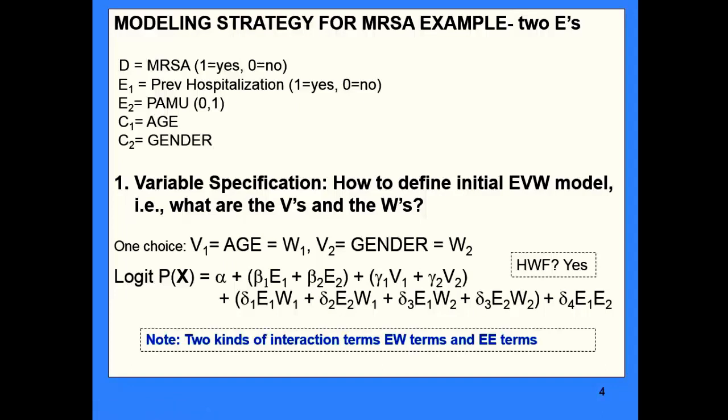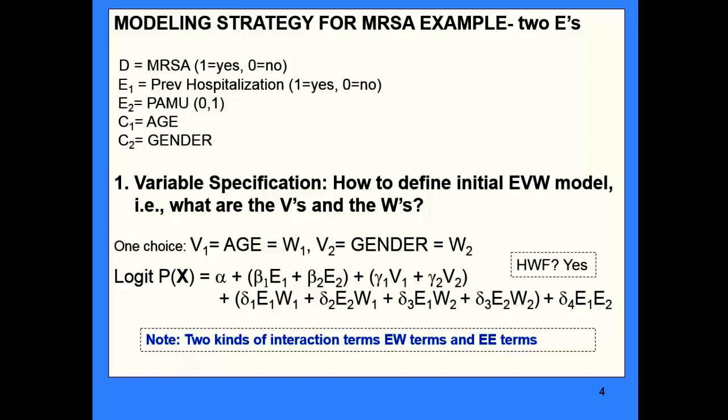I got product terms in the model, but I have 2 kinds of product terms, right? I've got E's with V's or E's with C's, and then I've got E's with E's. Well, it's 2 E's, so there's only 1 E with the other E, okay?